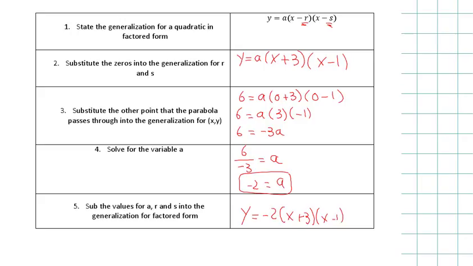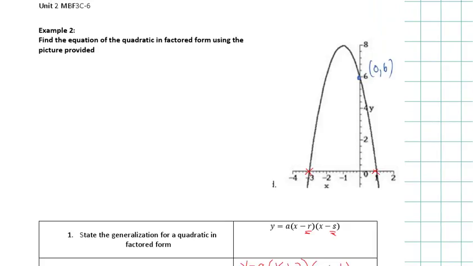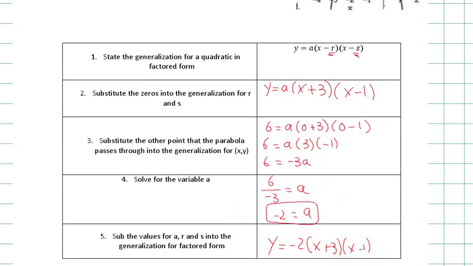Now, you could pick any point that is on the graph. So in this case, I picked the 0, 6, but if the vertex is clear, you could have also picked the vertex. So whenever you have a clear point other than your zeros, you can pick it to plug in for x and y. Okay? And then you solve for it.